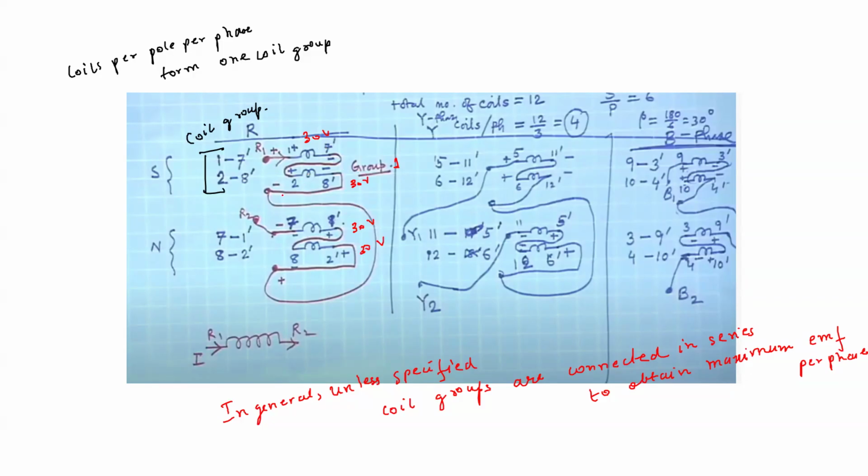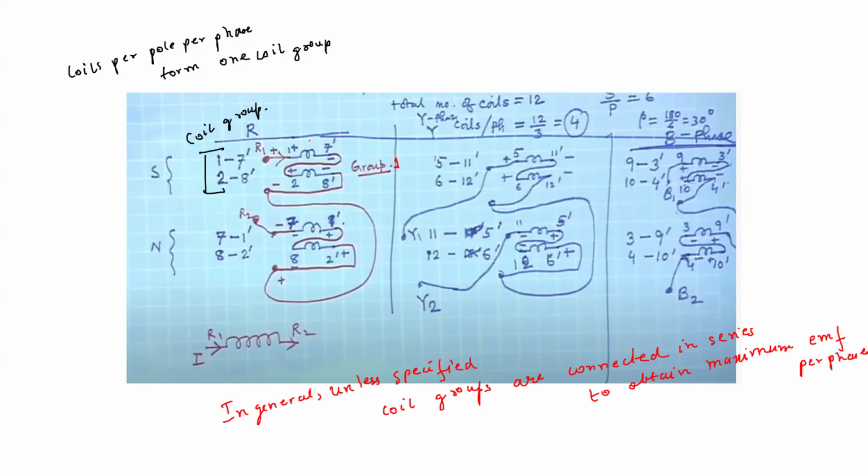But if you connect these coil groups in parallel, it will be like 60 parallel to 60, which makes it 30 volts. That is why, for getting the maximum EMF, you have to connect coil groups in series. Unless anything is specified, when you are asked to calculate EMF, you have to keep in mind that these coil groups are connected in series.